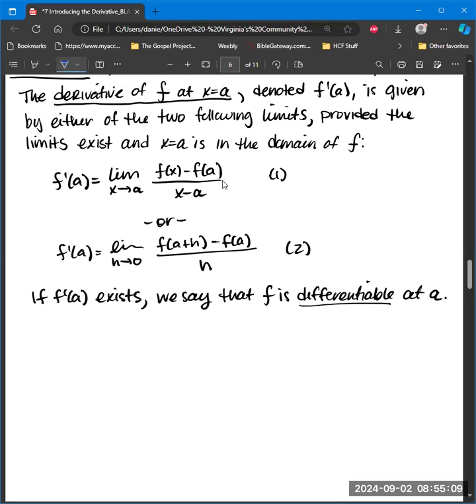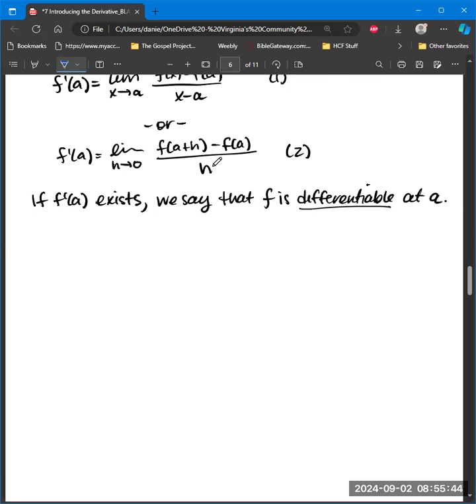This is typically the version of the second rule that I know from the textbook, or we already defined it earlier as the limit as h approaches 0 of f of a plus h minus f of a over h. They're equivalent forms because we have defined x to be equal to a plus h here, basically.